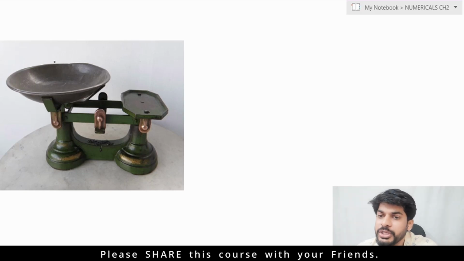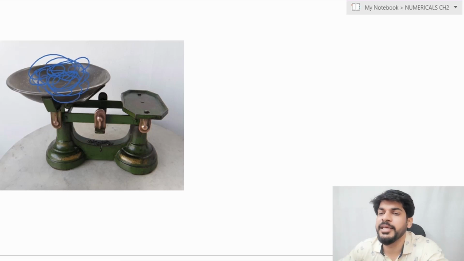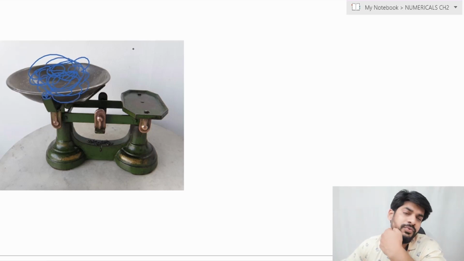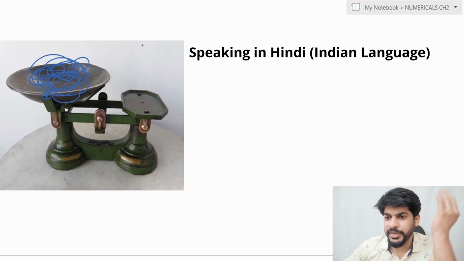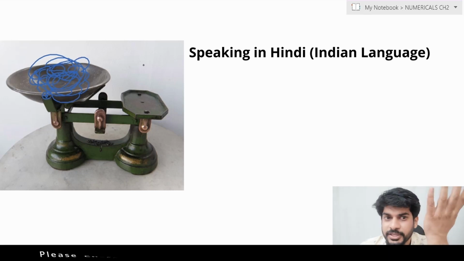Generally we keep some objects over here, whatever we want to weigh. Suppose we go to the store and say, bhaiya ji, pav kilo do, bhaiya ji, aadha kilo do.